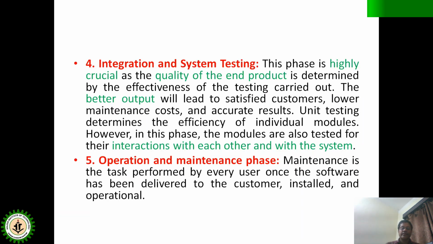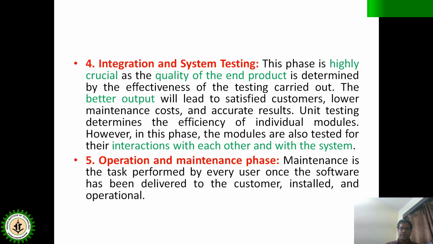Then comes integration and system testing. This is the most crucial testing phase. Why? Because at the end, integration testing happens, where we check whether all the modules interact with each other properly, because all the functionalities of the software are interdependent on one another.